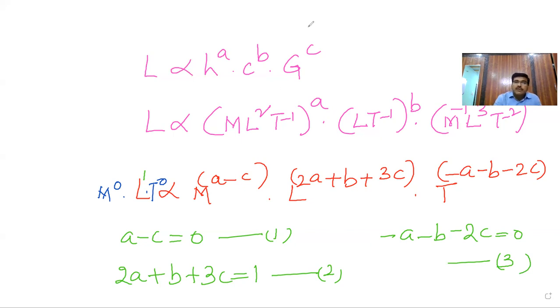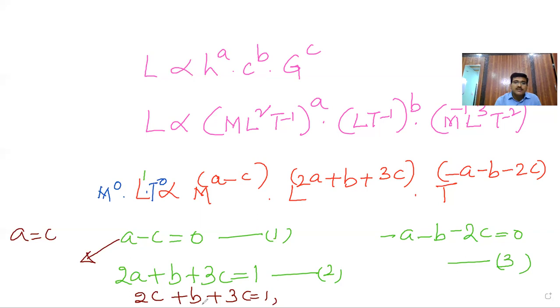Observe, from the first equation, A minus C is equal to 0, which means A is equal to C. When I substitute A is equal to C here, in place of 2A I get 2C plus B plus 3C is equal to 1.